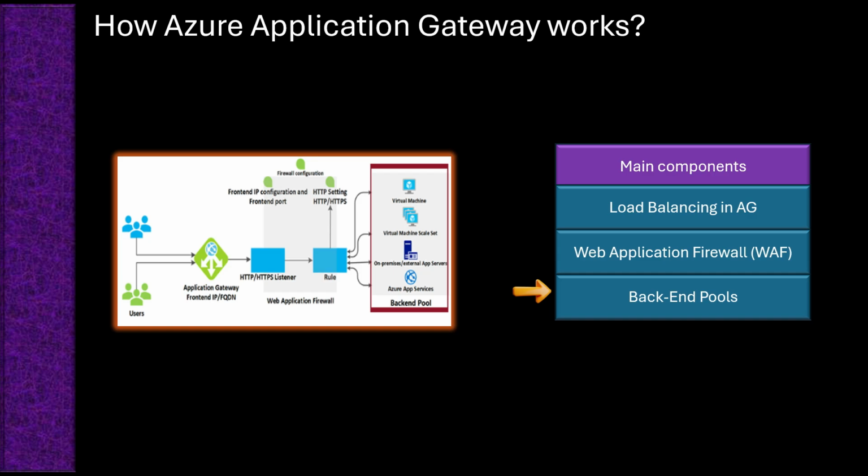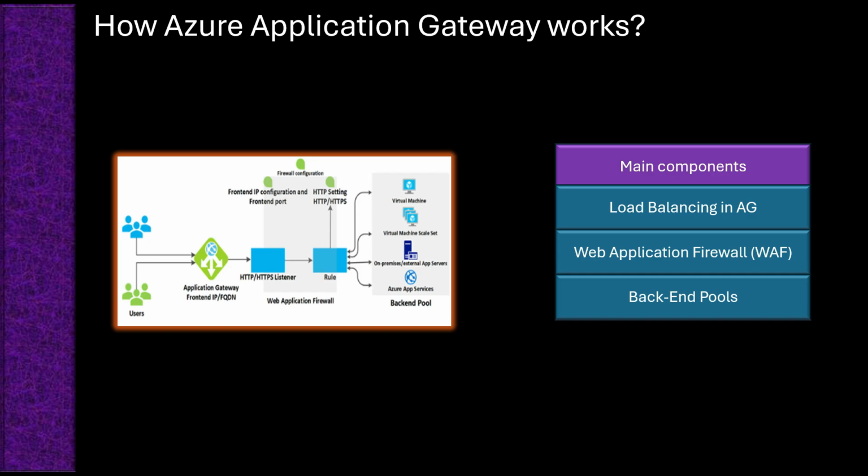If you are using TLS SSL encryption, the backend pool will have HTTP settings and reference the certificate used to authenticate the servers. The application gateway re-encrypts the traffic using the certificate before sending it to the server. For Azure App Service based backends, you don't need to manually install certificates. Azure manages the encryption between application gateway and app service and ensure that all communications remain secure by default.